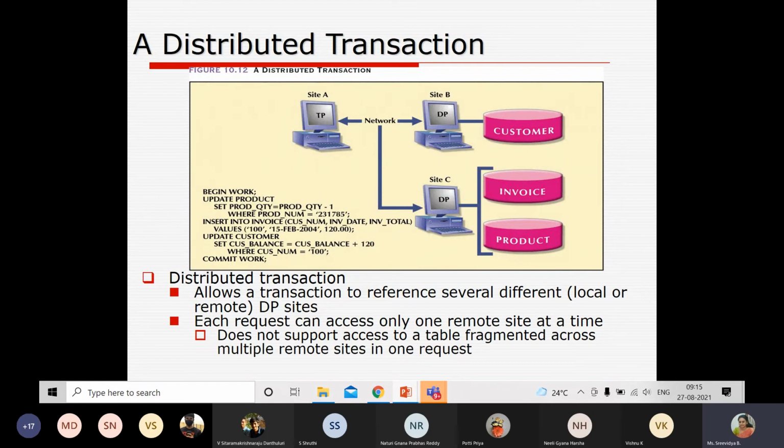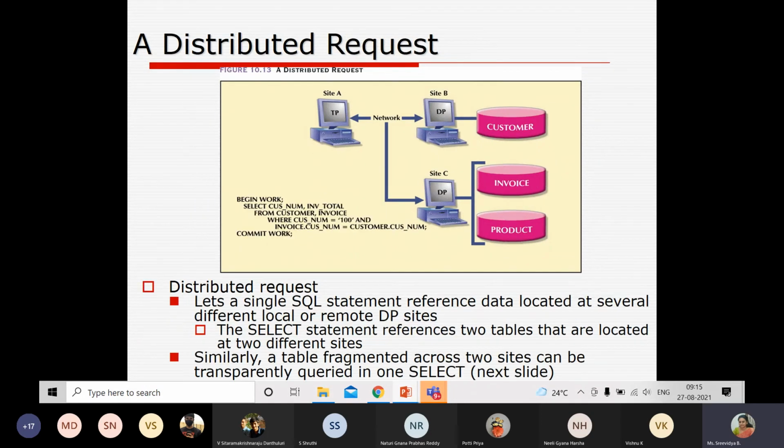Okay, we'll move on to the next transaction. The next one is a distributed request. What we have seen previously is the more complicated distributed transaction. A distributed request is a little easier because you are not going to update any table, you are only fetching data from the table. Here also the same problem: a single SQL statement references data located at several different local or remote DP sites.